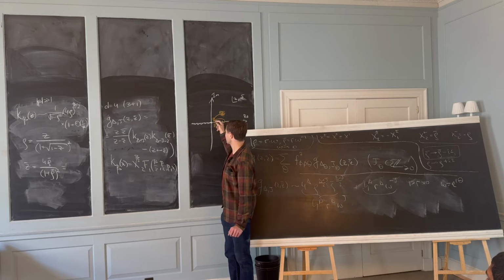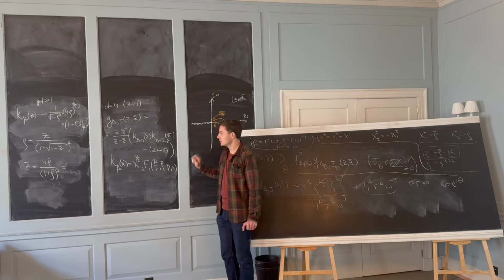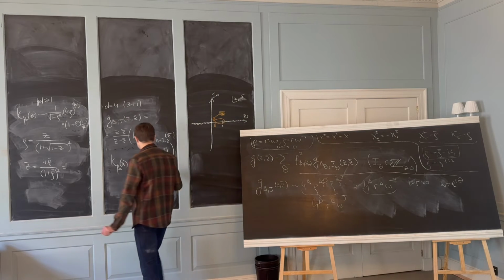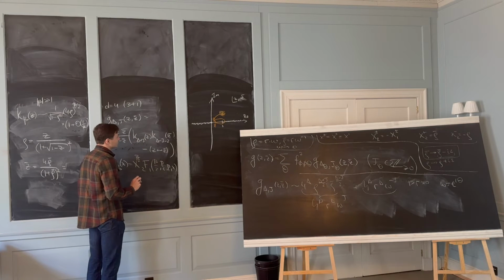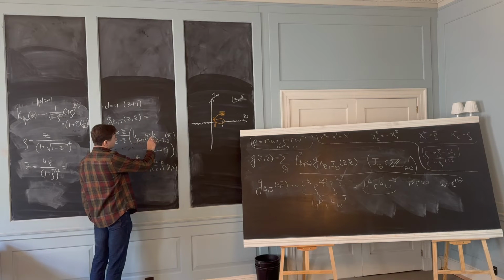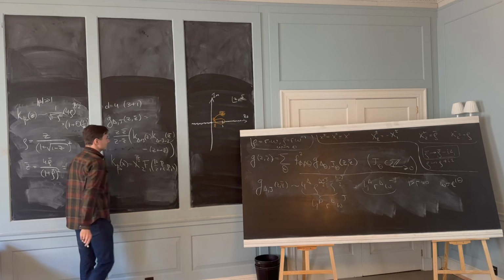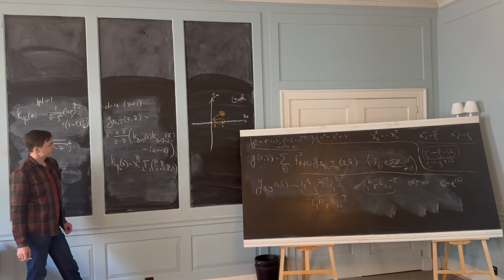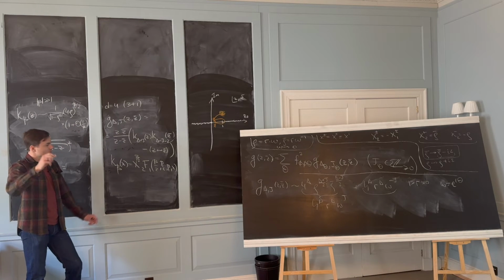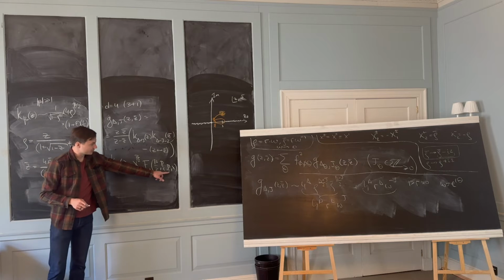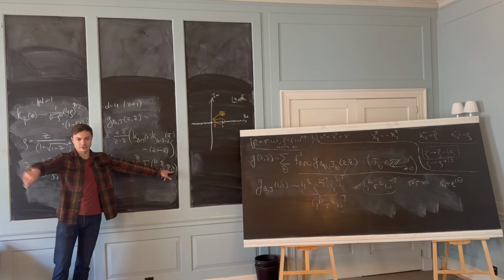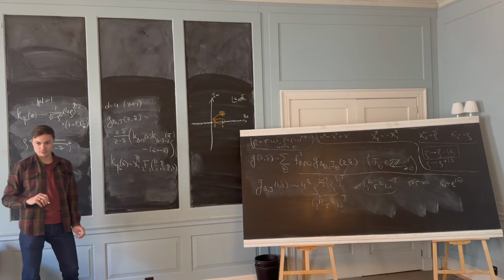And the bar crosses the cut. Now the bar crosses the cut, and something happens, for example, to this function k, because this hypergeometric function has a cut at x equals 1, and when you go around this cut, it has some sort of monodromy.